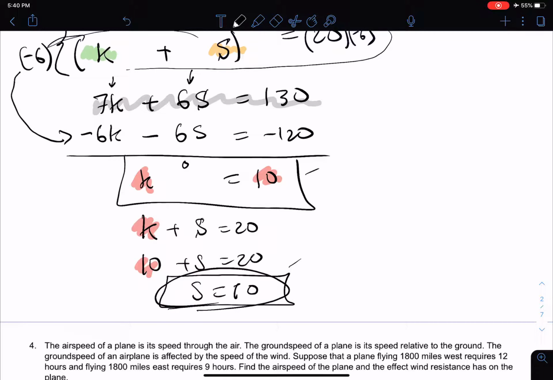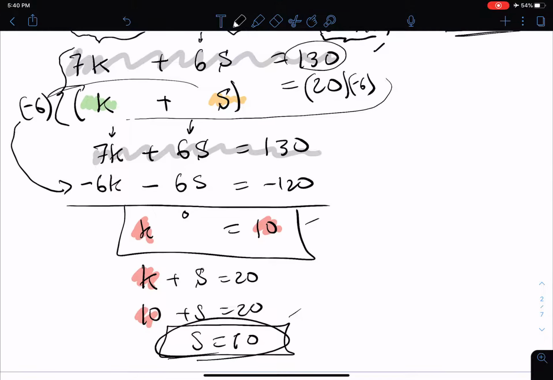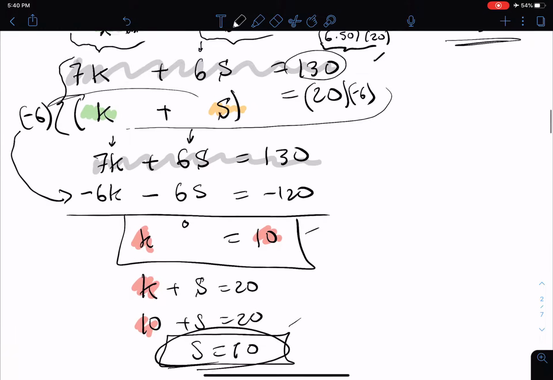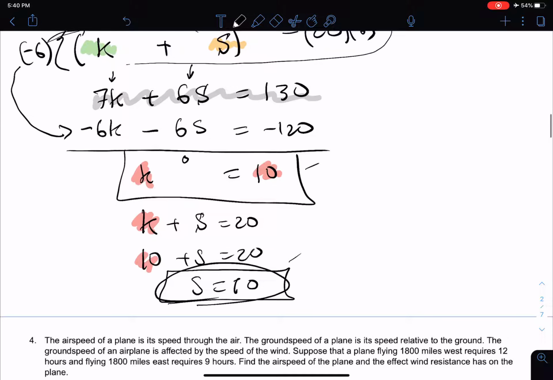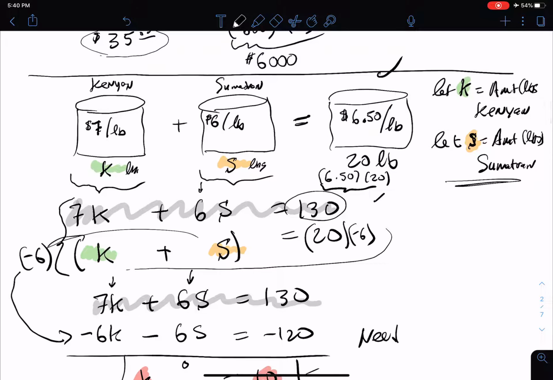We could answer this in a basic statement. I don't need to have it too crazy. Well, you're doing it online, so you're just typing it into their little fill in the blanks. But basically, you're going to need to create a new kind of coffee that mixes Kenya plus Sumatra, and it costs $6.50, and you got 20 pounds of it.